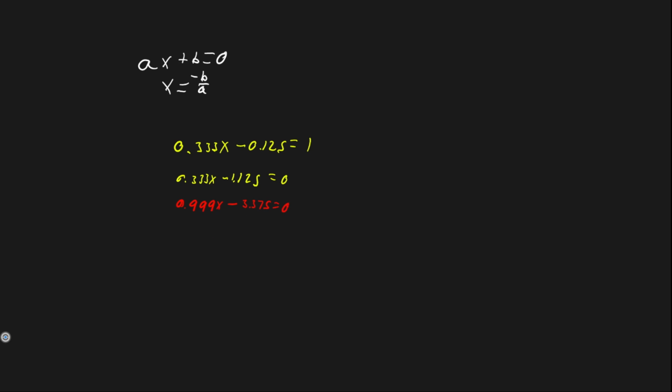And since we see 0.999 repeating is going to be 1, because 0.33 repeating is the same thing as 1/3, and 2 over 3 is equal to 0.667, or simply 6 repeating, and 3 over 3 is 1.